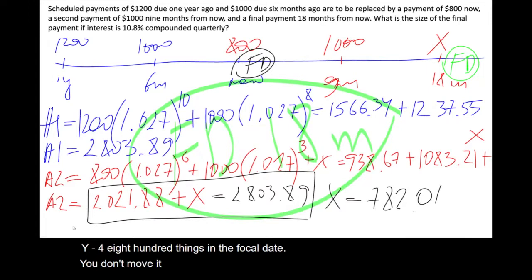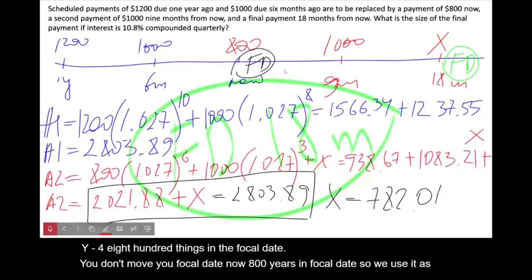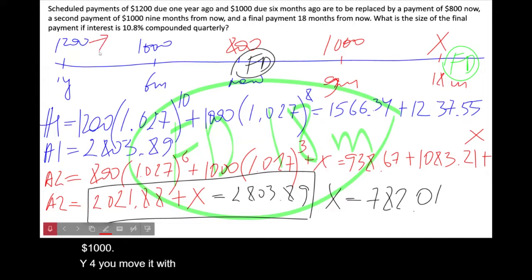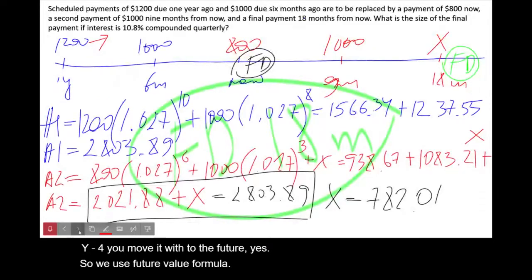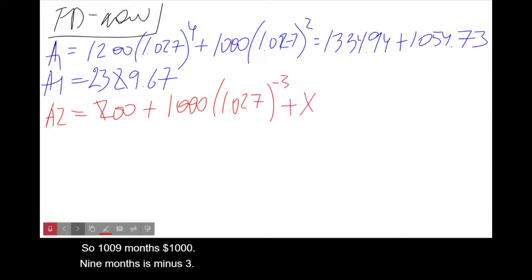If the focal date is now, 800 is in the focal date, so we use it as is. $1,000: you move it what? To the past. Yes? So we use the present value formula. So 1,000, 9 months, that's exponent minus 3, plus x.